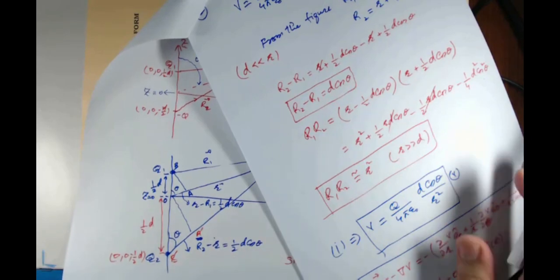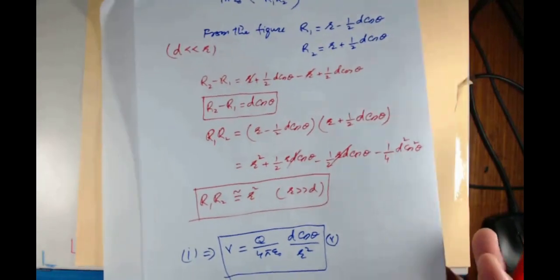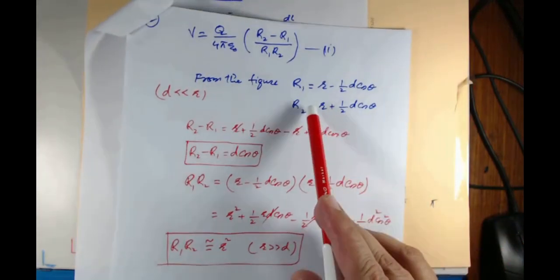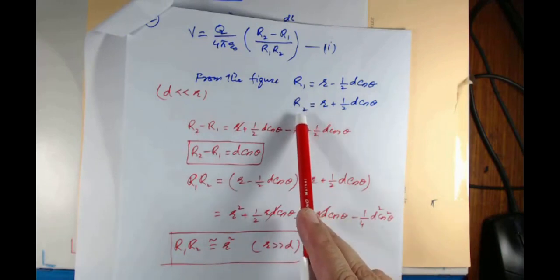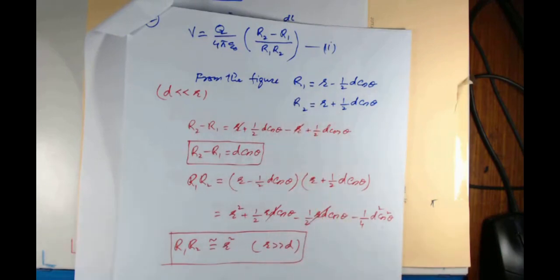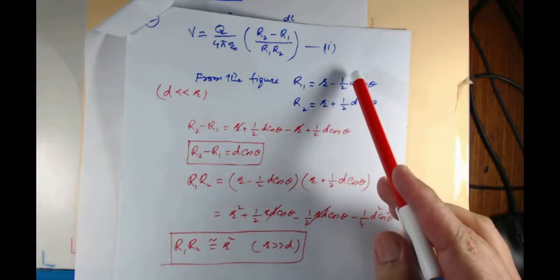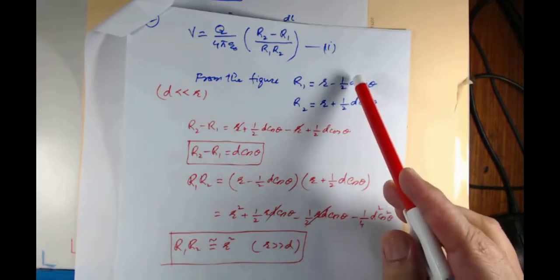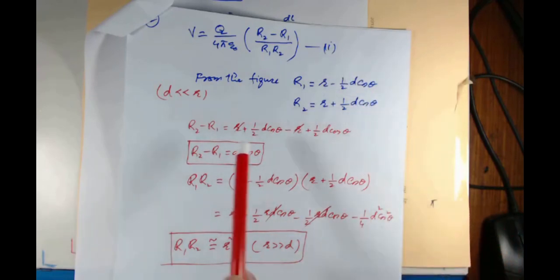Using these two relations, we can write the magnitudes of R1 and R2 in terms of the spherical coordinate variables small r and theta. Here d represents the separation between the positive and negative charges.